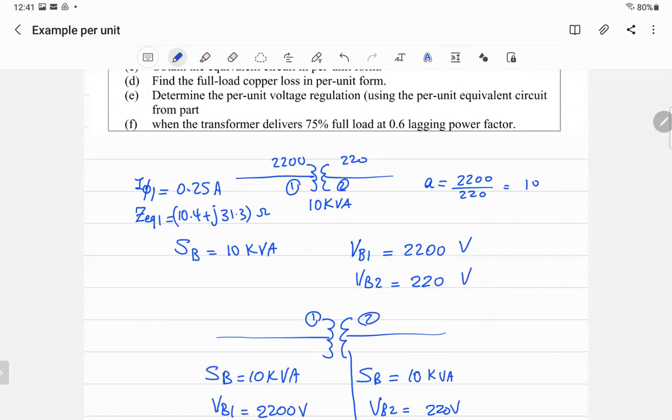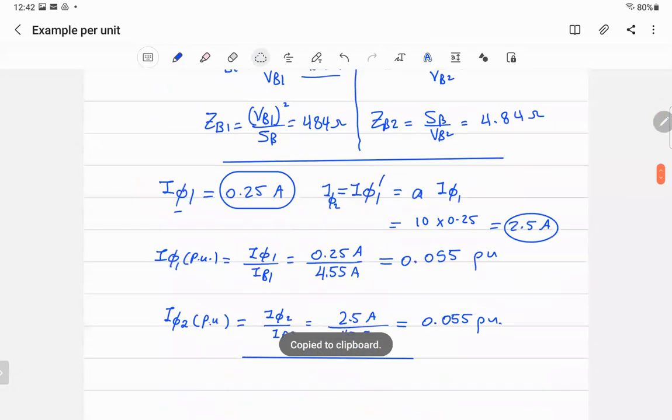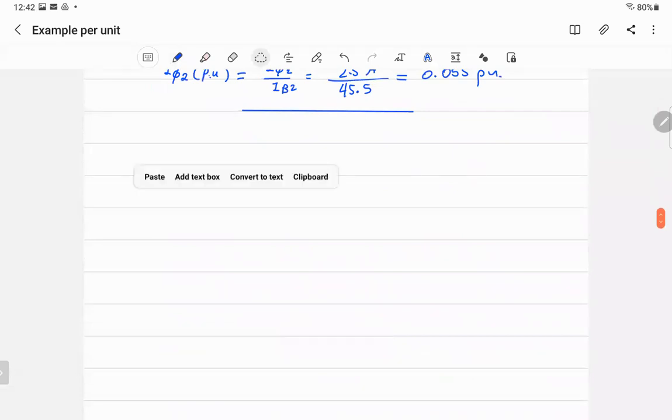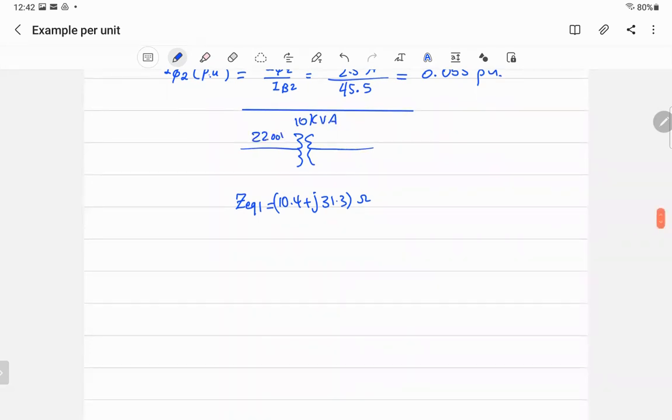But let's first do it step by step. You have the equivalent impedance on side one. Can you get the per unit? Let me write the value here. That's the equivalent impedance given, for the transformer that we have in our hand, 10 kVA, 2200 volts and 220 volts.